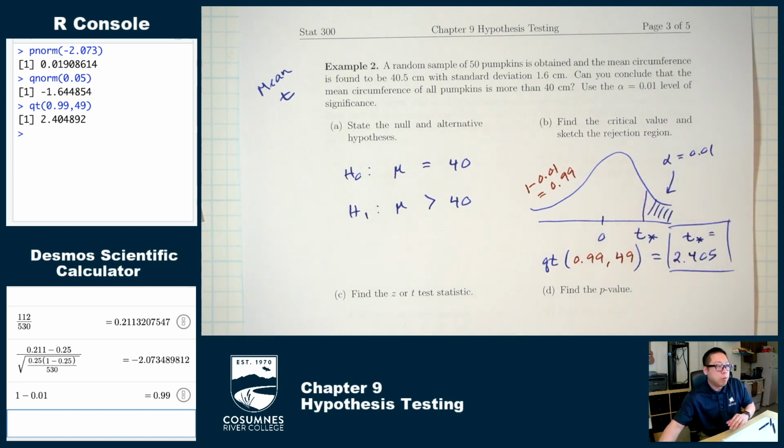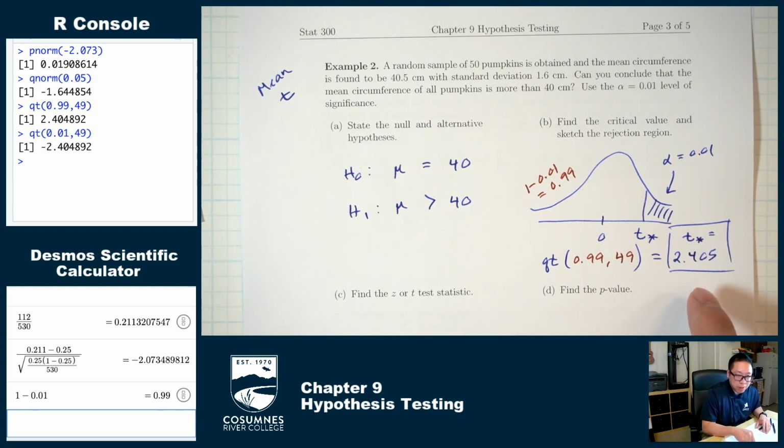So look, what do you get if you forgot to do that 1 minus and you did QT 0.01, comma 49? You got negative 2.405. So if you see a negative 2.405, just make it positive to match the picture, because you'll get the same answer if you just did it correctly.